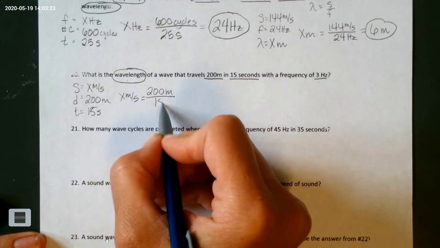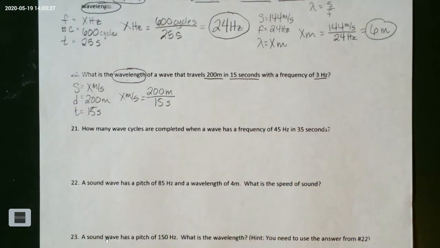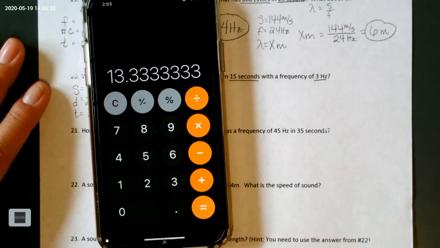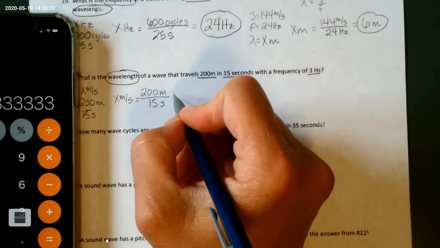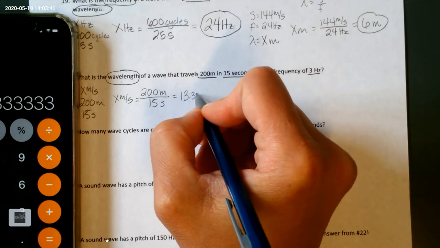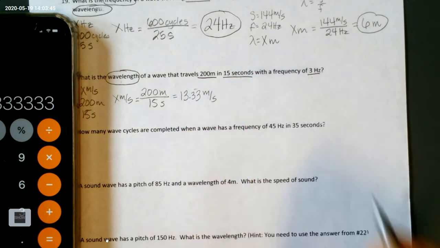Our time is 15 seconds. It's a meter per second there. So 200 divided by 15, you're going to get 13.33333. So we'll just go equals 13.333 and that's going to be meters per second.